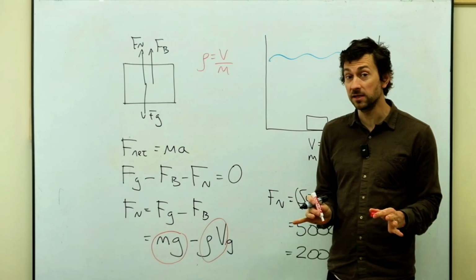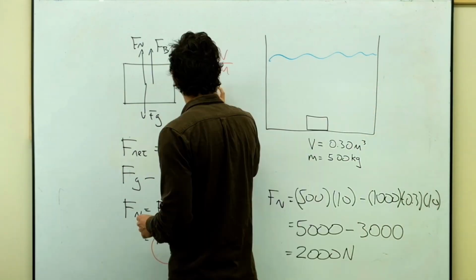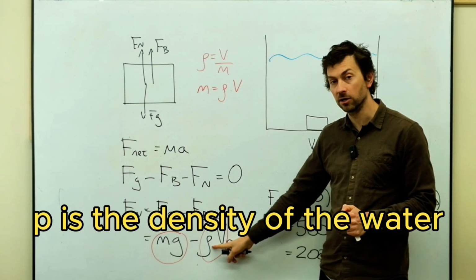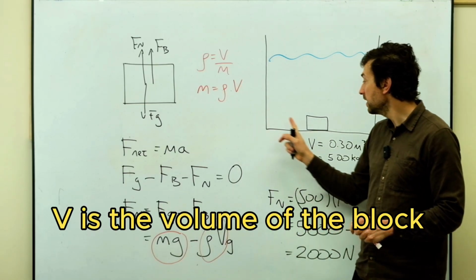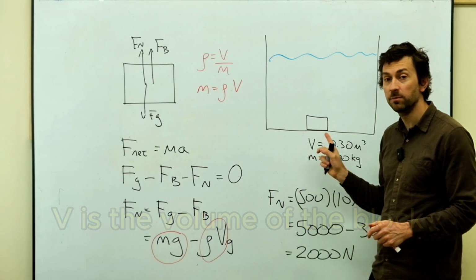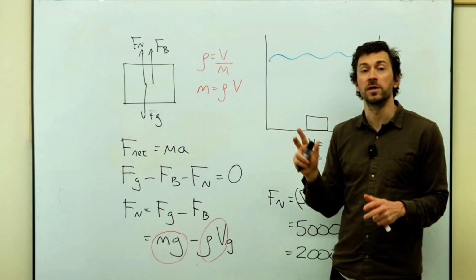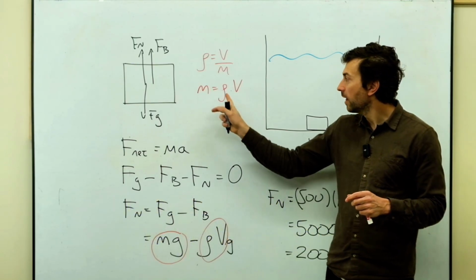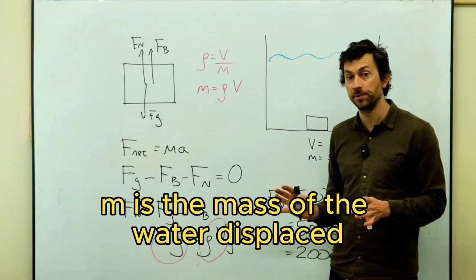If we rearrange that, we get mass equals rho times v. Now, the rho that's here is the density of water, and the v is the volume of the block. But we've said before, this is a displacement volume. So this volume is the volume of the water displaced. That is to say, this term is the mass of the water displaced.